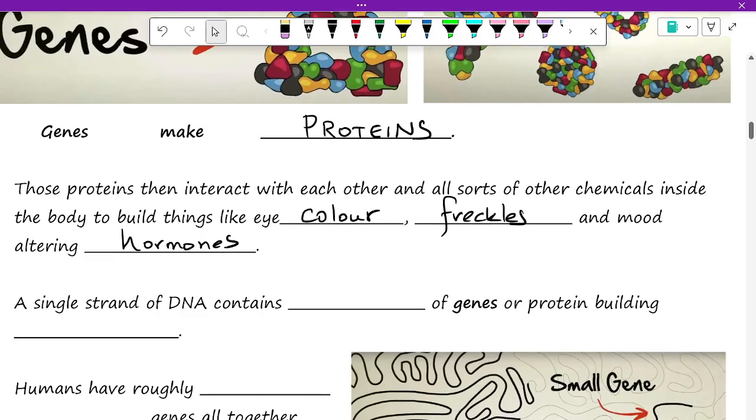A single strand of DNA contains how many genes? Thousands of genes or protein building recipes.